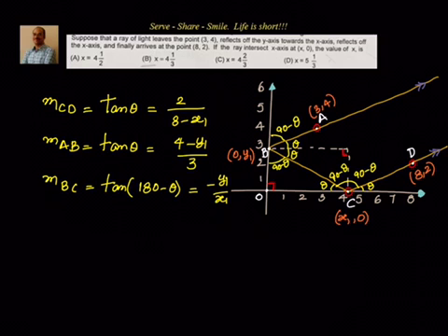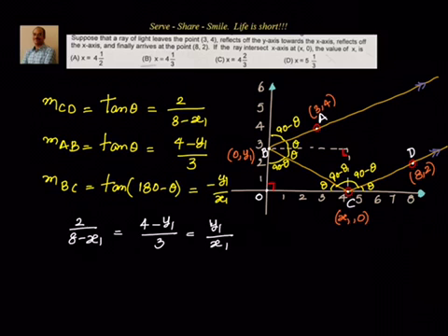The first one is tan theta equals 2 by (8 minus x1), equal to the second one, again tan theta, so (4 minus y1) by 3, equal to the third one, tan of 180 minus theta, that's minus tan theta, minus minus cancels, so equal to y1 by x1.